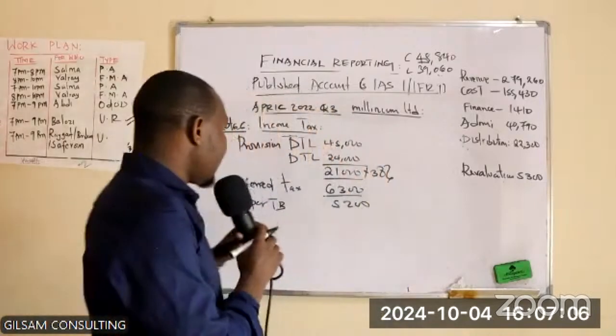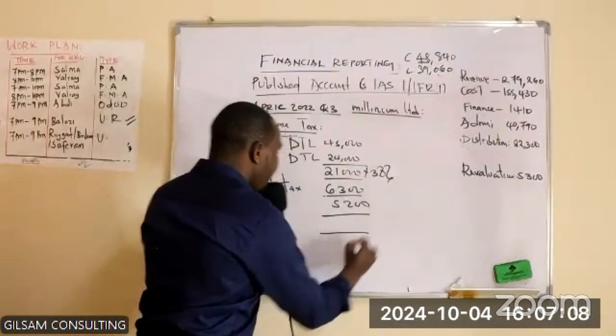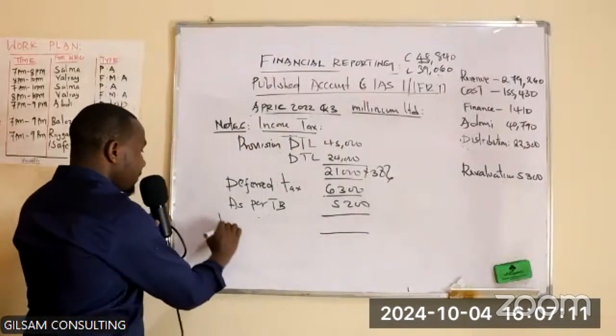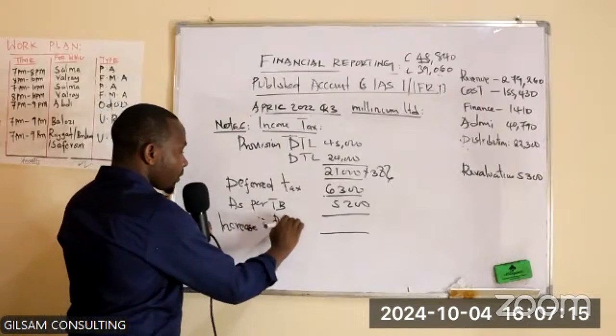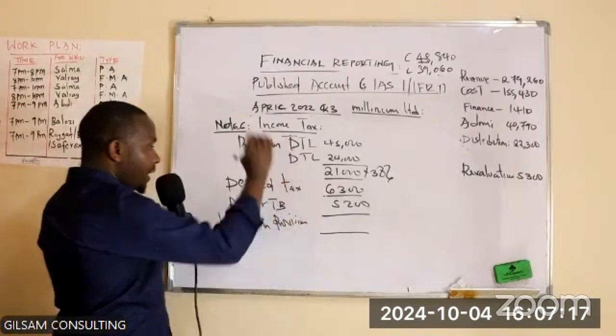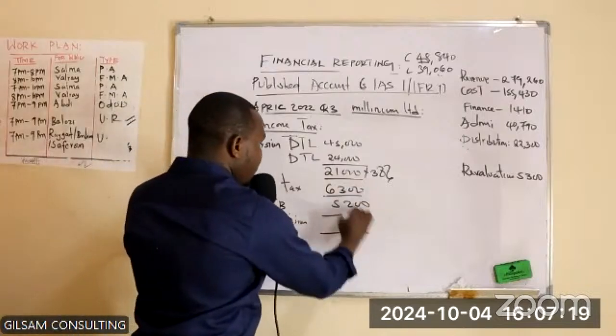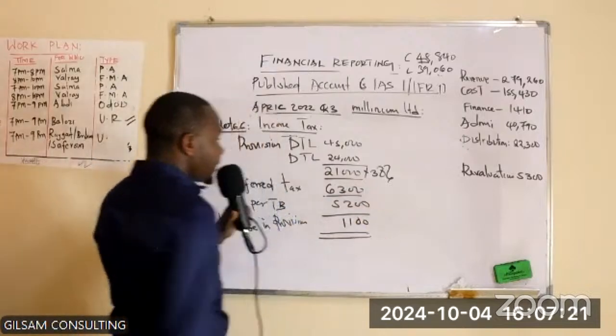So we have an increase in provision of how much? 1,100.